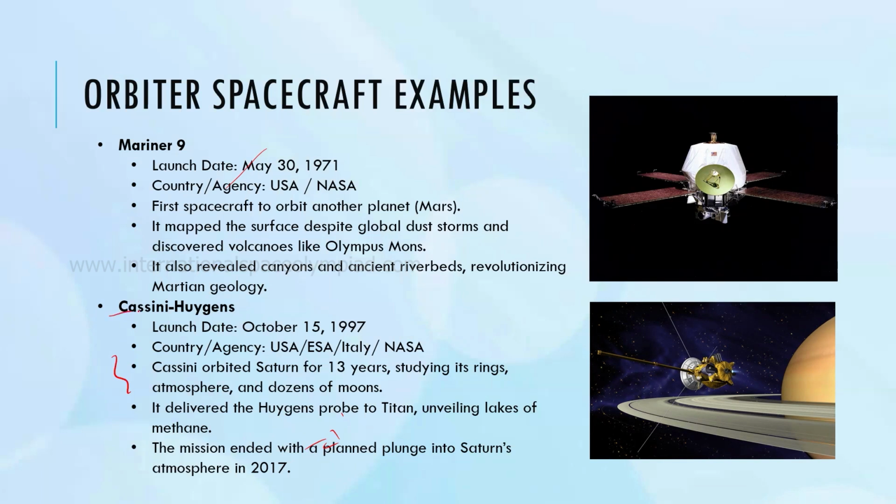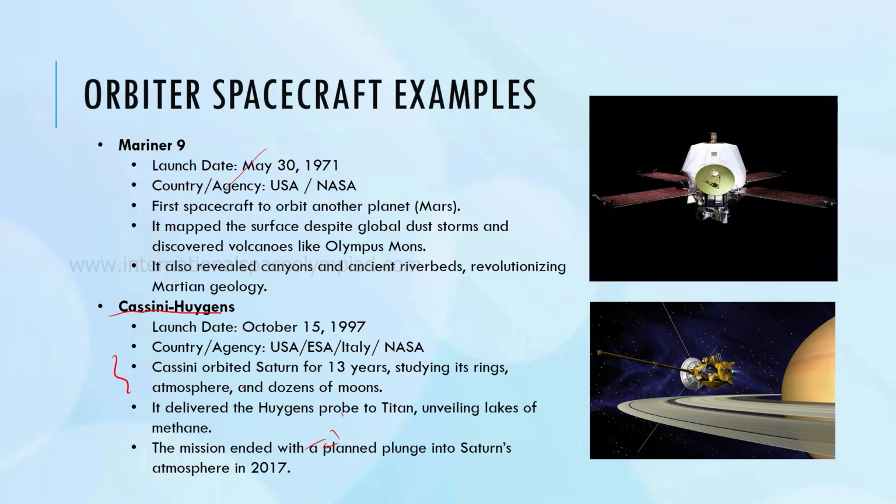Okay, Cassini-Huygens is an interesting mission in the sense that Cassini carried another probe called Huygens. This Huygens was able to probe Titan, one of the moons of Saturn, and it unveiled that there are lakes of methane. Initially, at the end of the mission, the Cassini spacecraft itself was planned to crash land on the surface of Titan, so that during that crash landing they could get much data.